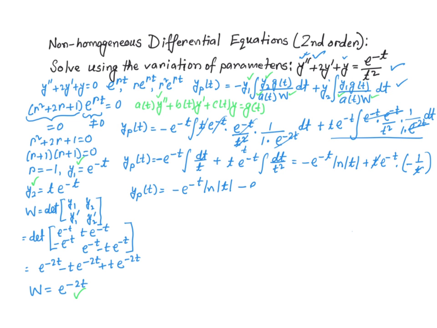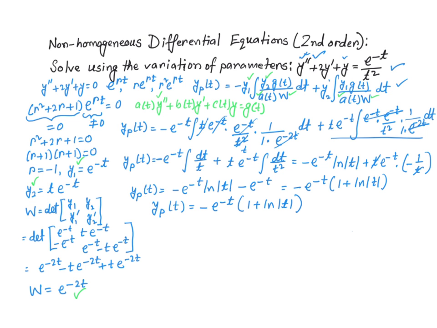That's going to give me negative e to the power negative t. If I simplify it, it's going to be negative e to the power negative t times 1 plus ln of absolute value of t. So your y sub p of t that we found using the variation of parameters is going to be negative e to the power negative t times 1 plus ln of absolute value of t.